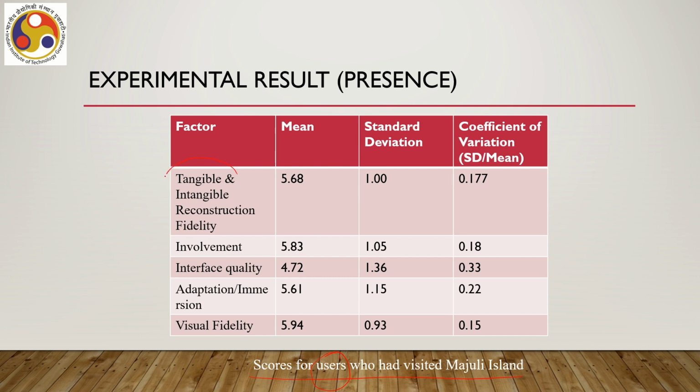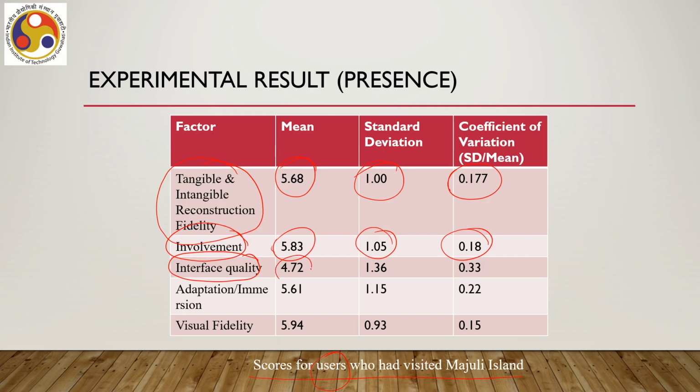In the tangible and intangible reconstruction fidelity item, the mean found was 5.68, standard deviation 1 and coefficient of variation 0.177. Involvement mean 5.83, SD 1.05 and coefficient of variation 0.18. Interface quality mean 4.72, SD 1.36, coefficient of variation 0.33.